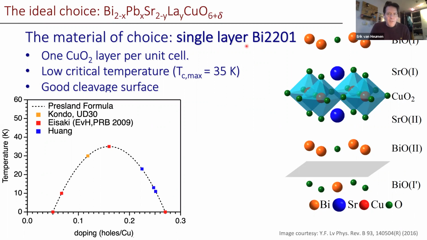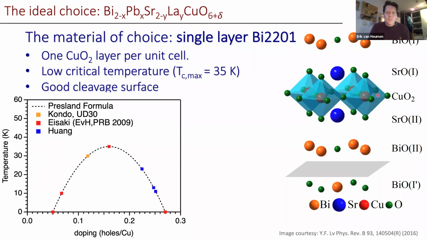All right, so the material I'm going to show is a single layer cuprates. The crystal structure is shown on the right here. So you have a single copper oxygen plane in the unit cell, and that makes life relatively simple.